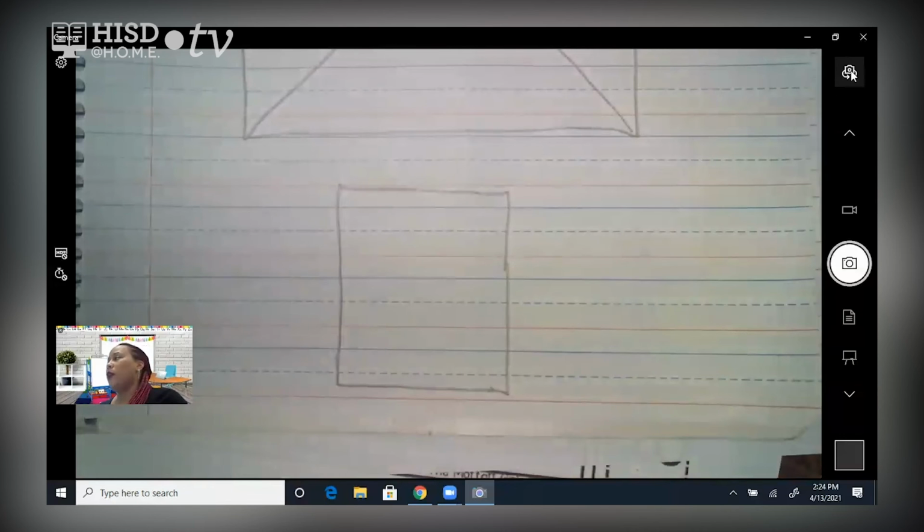Can you show me where I can put the line to show unequal parts? Add the line to your paper to show me unequal parts. You have yours? Let me see it. Let's see if they're showing unequal parts.